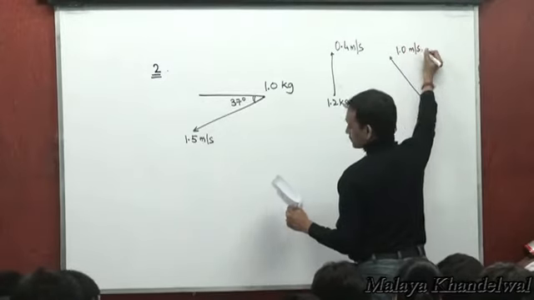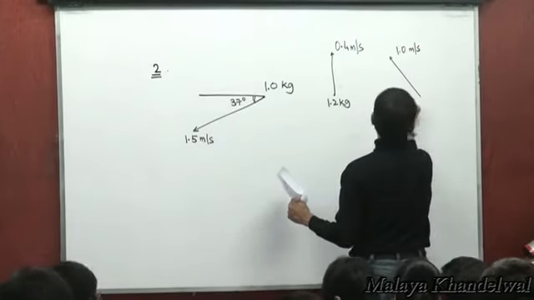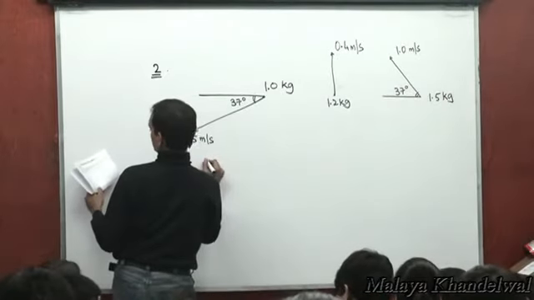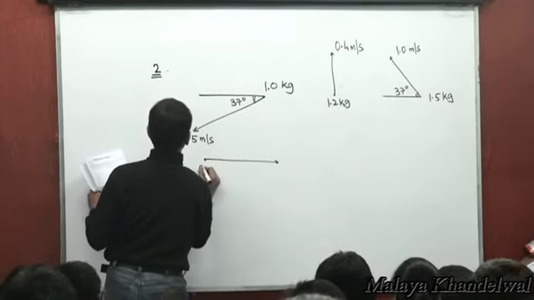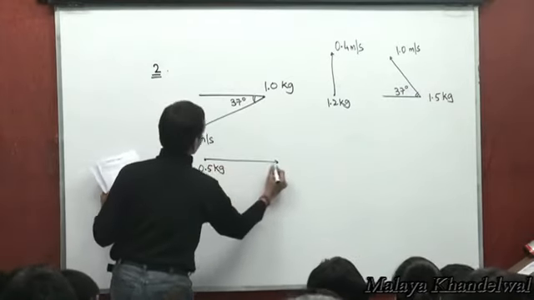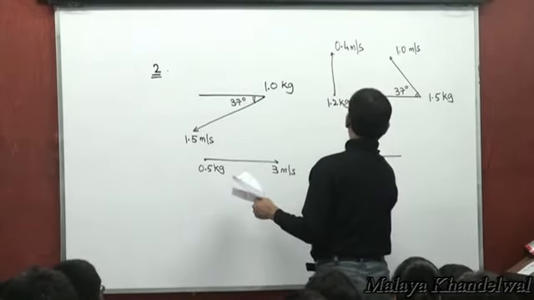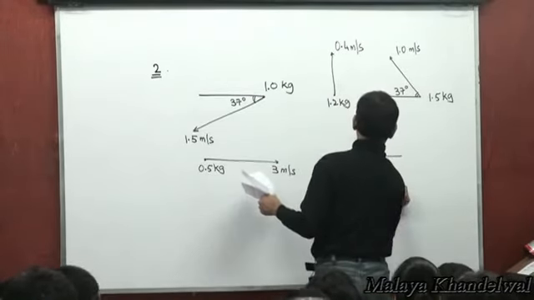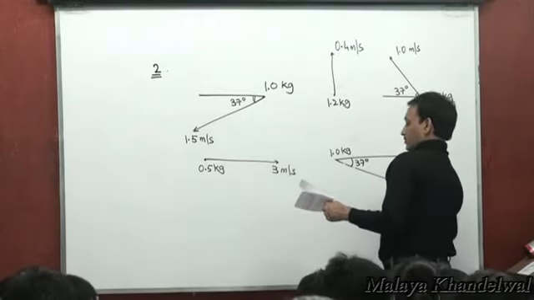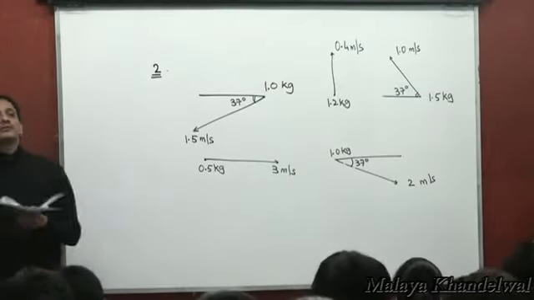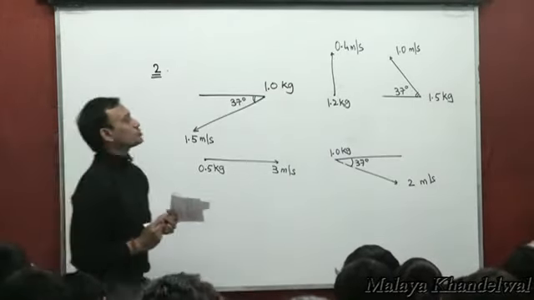One meter per second, 37 degrees, 1.5 kg, 0.5 kg, 3 meters per second, 1 kg, 2 meters per second. We want to be able to compute the velocity of the center of mass of the system.